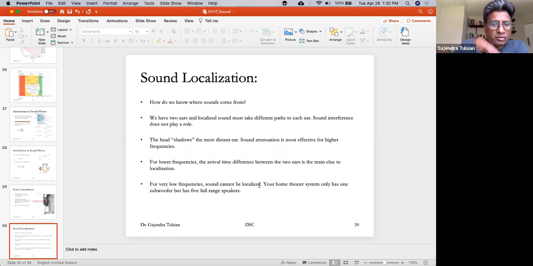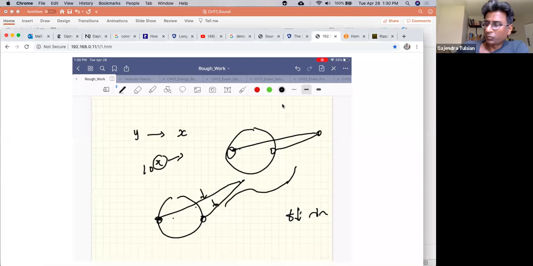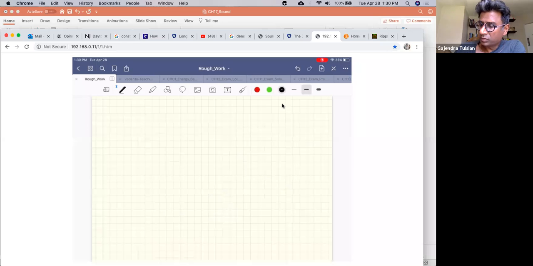For instance, let's say the sound frequency is 100 hertz. Speed of sound is frequency times wavelength.